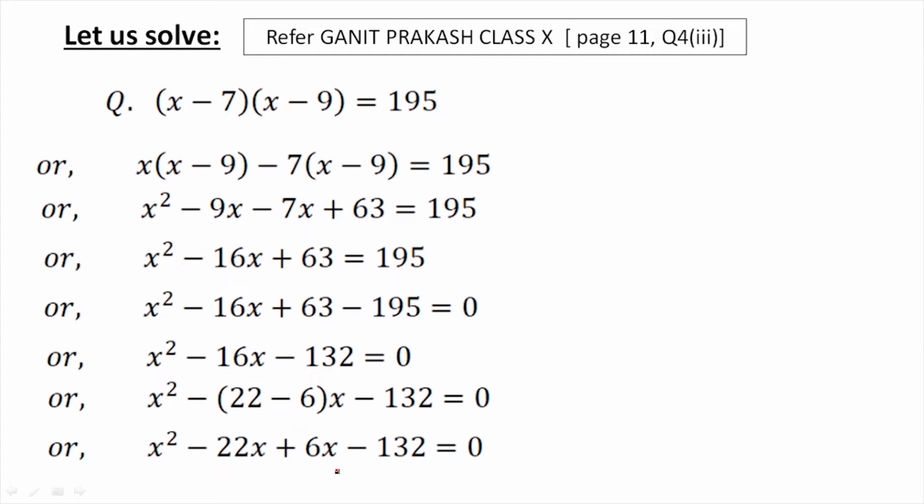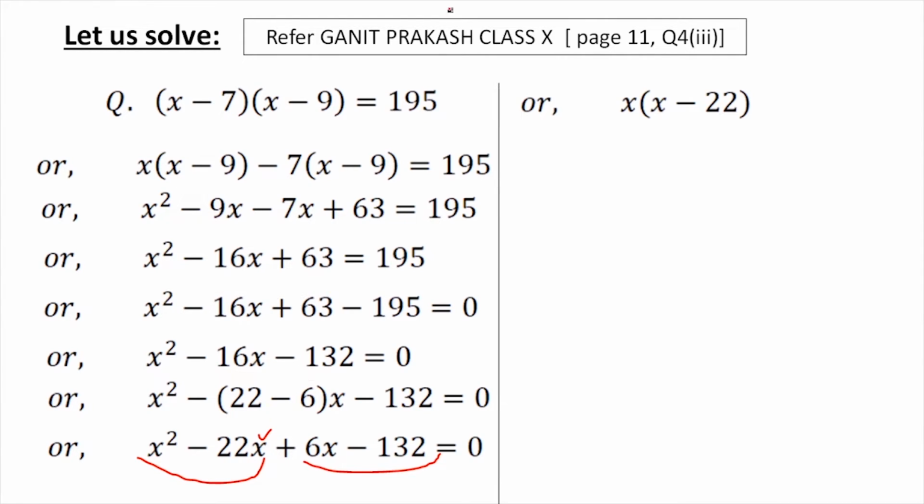Now from the first two terms and the last two terms we'll see what is common. Here it is x into x and 22x, so x is common, so we take out x common. After taking out x common, we have x minus 22. Here in 6x minus 132, what is common?